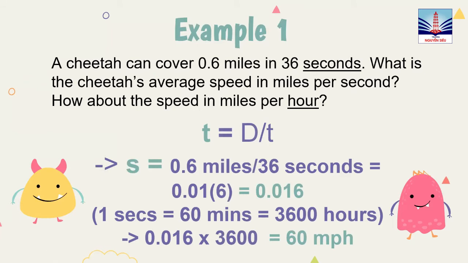The average speed of the cheetah is 0.016 miles per second. And when we convert to miles per hour, it equals 60 miles per hour.